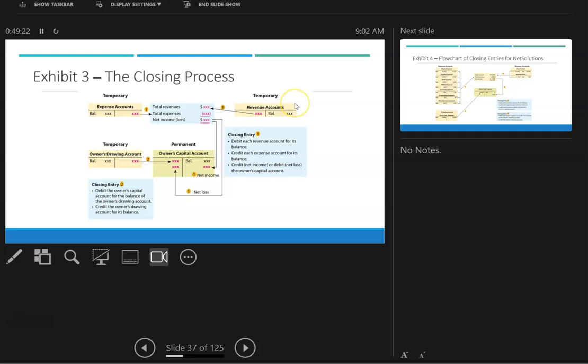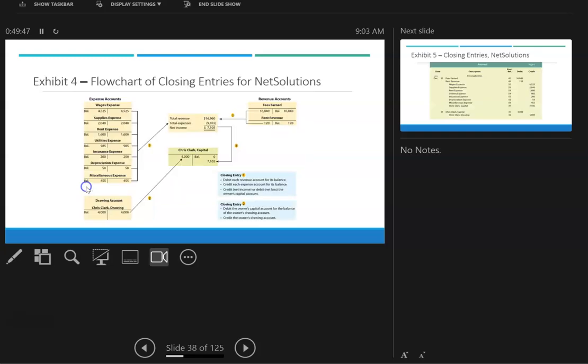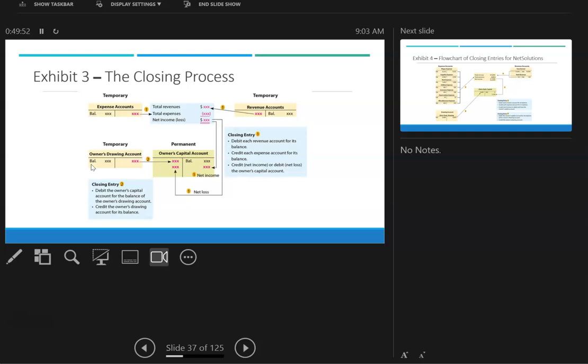They have a normal credit balance, and we're going to debit them. Expenses have a normal debit balance, but we're going to credit them. And we wipe them out and basically take the net income, because the revenues minus the expenses equal the net income. And we're going to take that net income or net loss and flow that into the capital account of the owner.